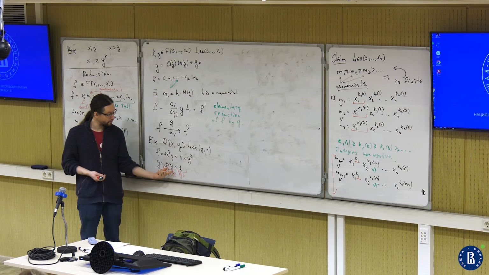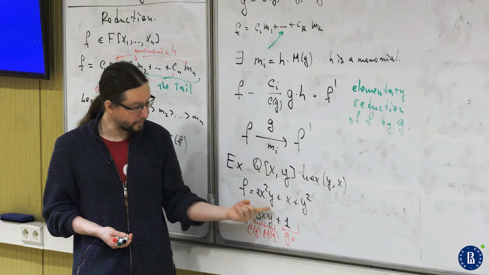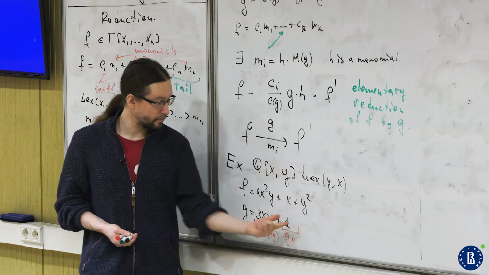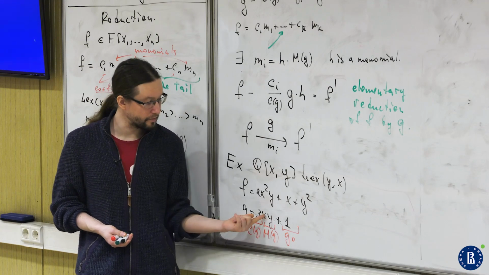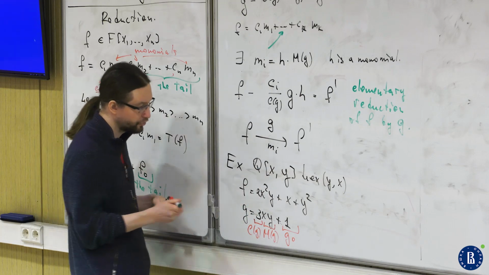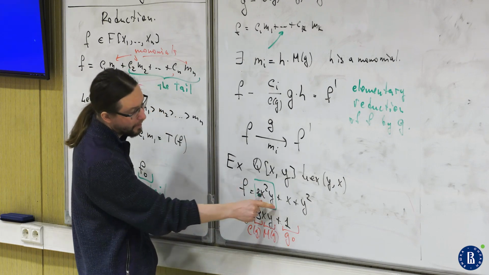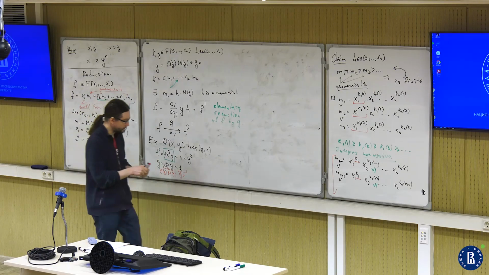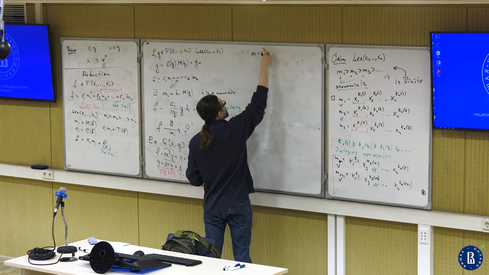Is this guy divisible by xy? No, because you cannot multiply it by something and decrease the power of y. And can this guy be divisible by this one? Also no, because we cannot decrease the power of x. So that's why this is the only possible monomial that we can choose. So this is our monomial mi. Well, I mean, this is the term mi times ci. So mi is just the product of the variables. In this case, the monomial we want to reduce is x squared y.